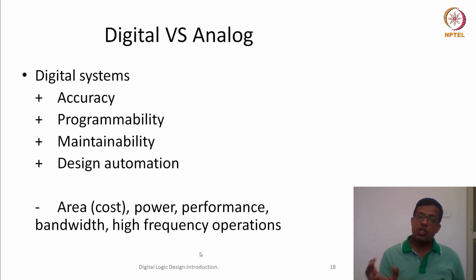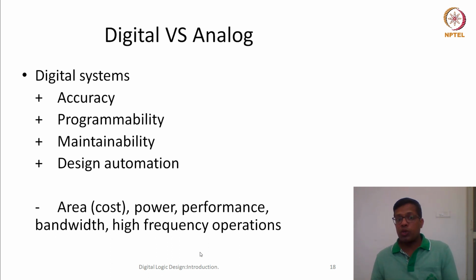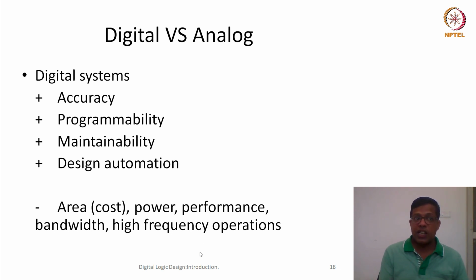But because of this noise, environment conditions, or transferring the value from one place to another, because of the stray resistances and capacitances, there is a good possibility that this 3.5 volt will become 3.6 volt or 3.2 volt. So because of all these stray electrical circuits, stray resistances, capacitances, and noise, there is a good possibility that an analog signal will change its value, but a digital signal will not.